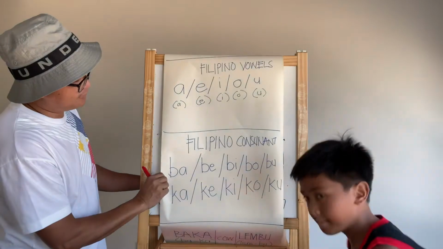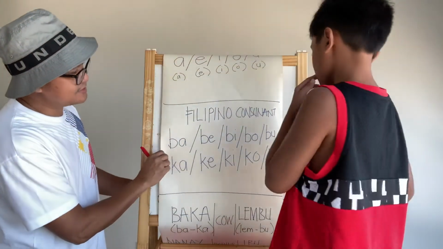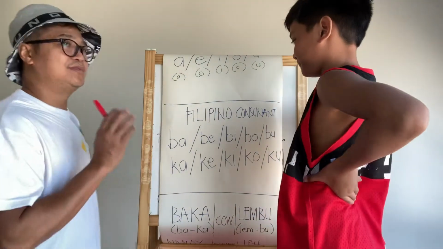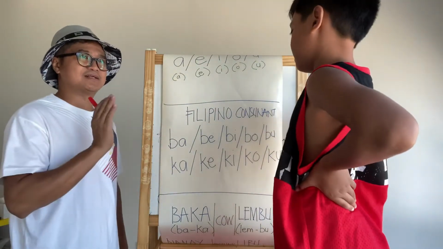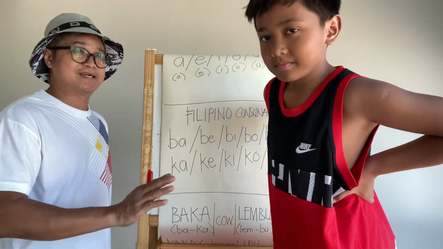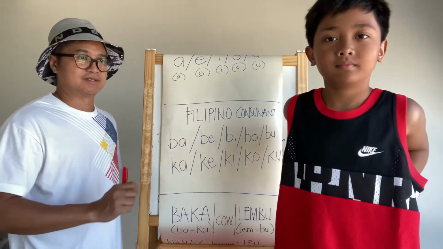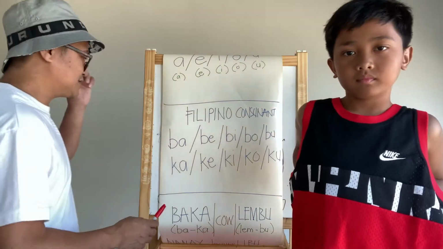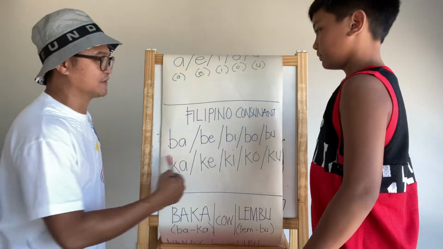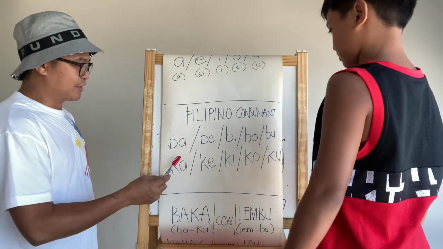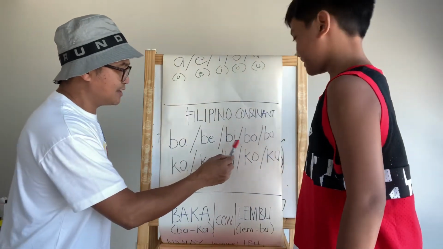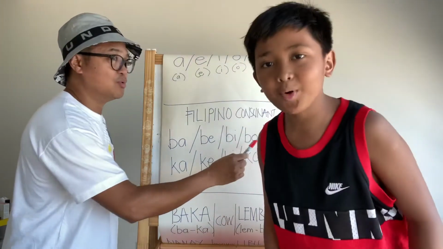So now if I go up here, these are the consonants. Again, Bahasa Malaysia and Tagalog are more or less the same, but they have different pronunciation from us. So let's dive into the Filipino consonants first. How are we going to read it, right? Okay, so we call it ba, be, bi, bo, bu.